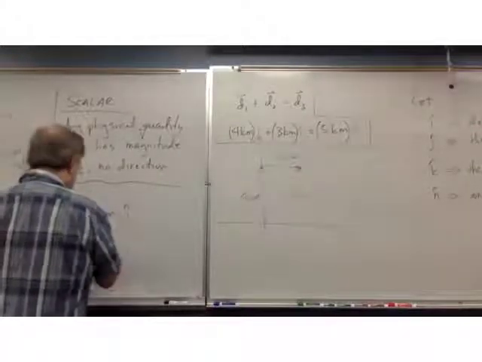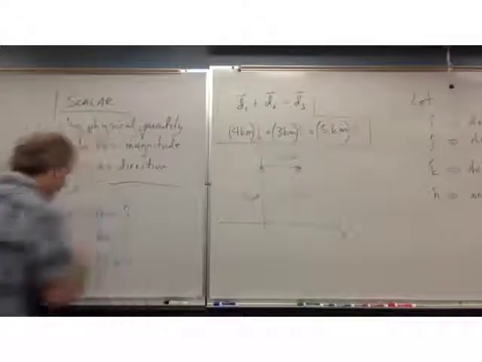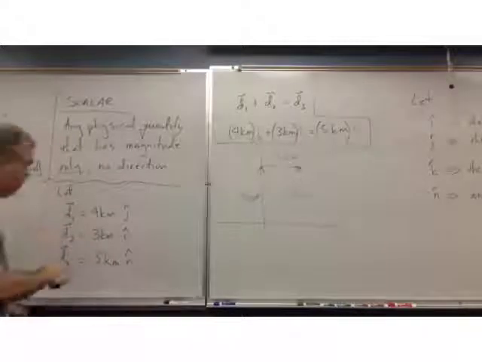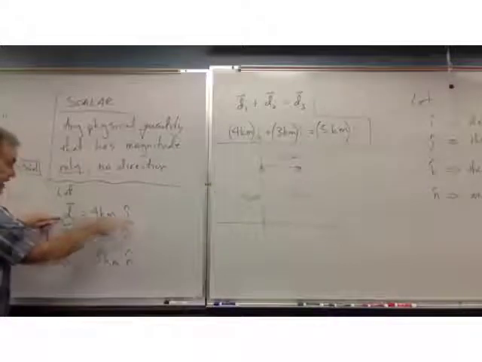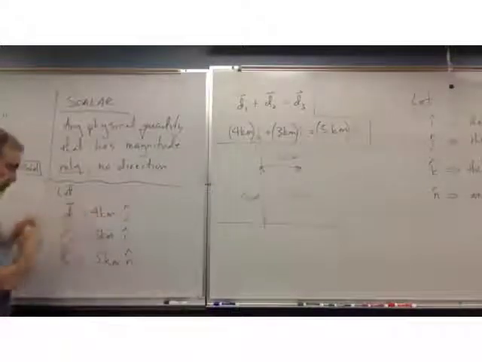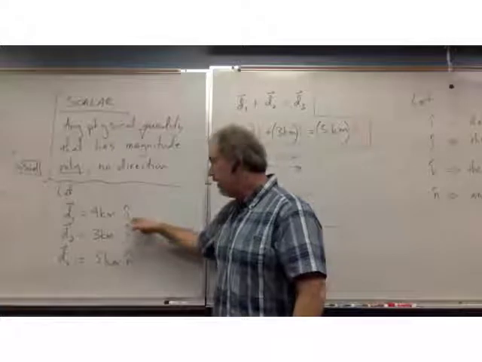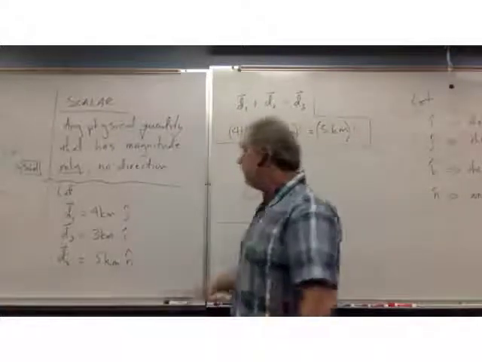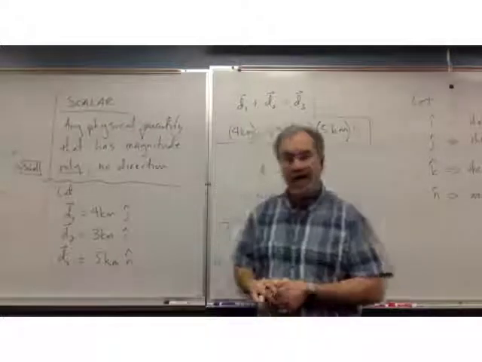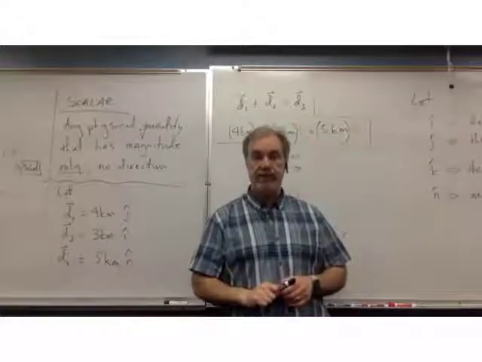D1 is 4 kilometers j hat, D2 is 3 kilometers i hat, 5 kilometers n hat. And now these are indeed correct equations, correct equalities, because both sides now have vector notation. Because we have magnitude here and we have direction indicated by these hatted objects. Okay, so the purpose of the i hat, j hat, k hat, and n hat things are to indicate the direction that some vector is pointing.